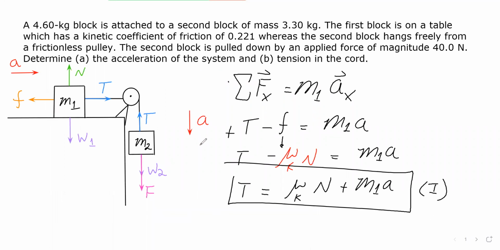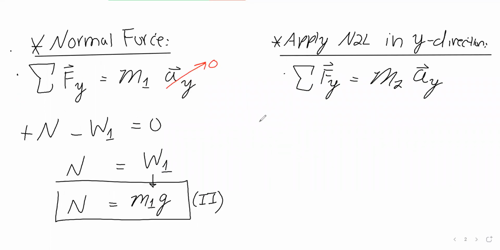Referencing the diagram, I see there are 3 vertical forces acting on mass 2: a positive T, a negative weight, and a negative force. So we have a positive T minus W2 minus F equals M2 times A.